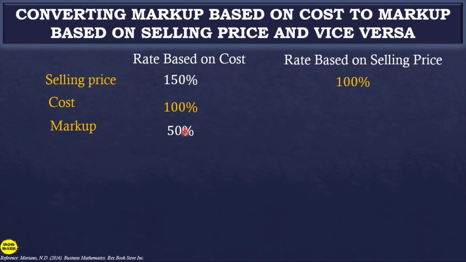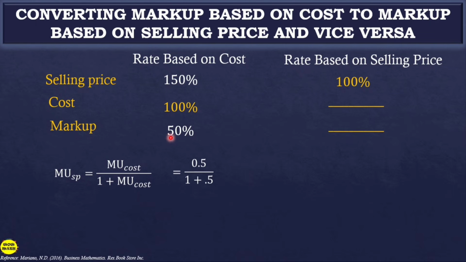So, meron tayo. I-convert natin. So, para makuha lang yan, ang gagawin lang natin, for markup, first, use this formula. So, the markup rate based on cost over 1 plus the markup rate based on cost. So, meron tayong 50%, so that is 50%, kapag kinonvert natin into decimal, that is 0.5.